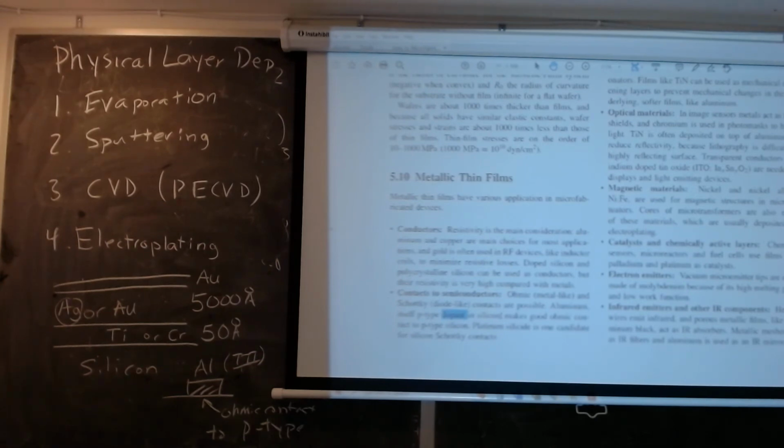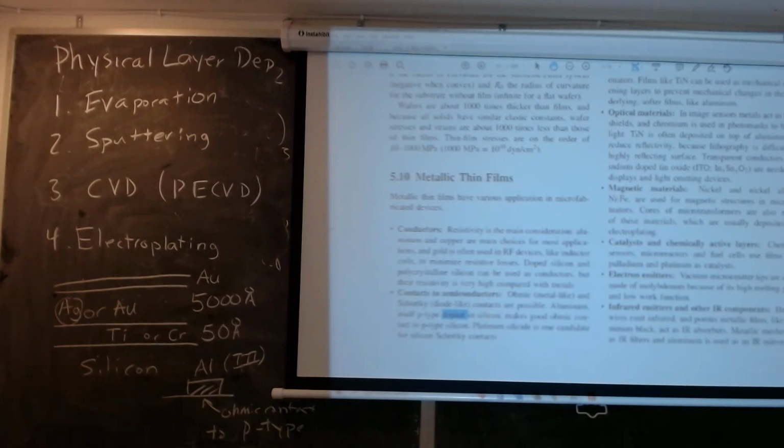But on silicon, it's a pretty good adherent material, and so aluminum can be a very convenient material to use because a lot of times you don't need an adhesion layer, and it also makes an ohmic contact to p-type material, and it's because it itself is a p-type dopant. So I wanted to point out that a lot of times you're trying to deposit an actual ohmic contact to a semiconductor device.